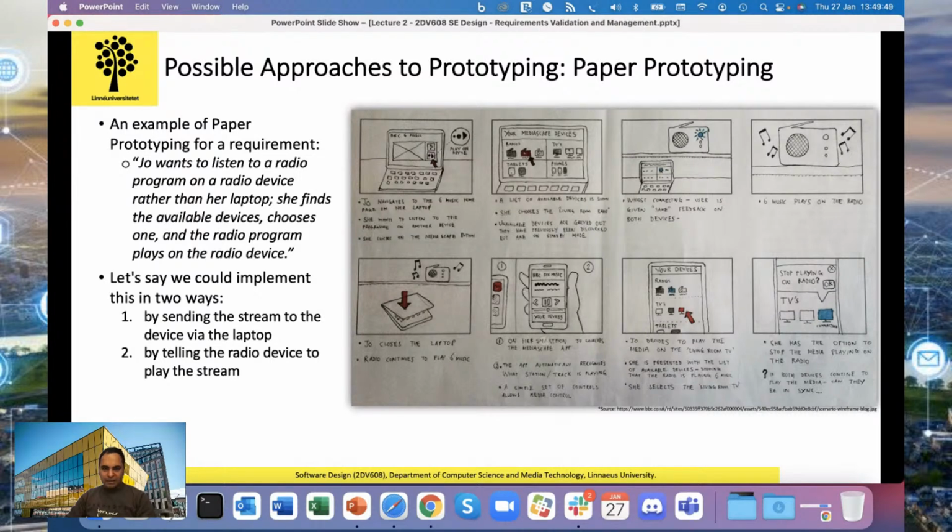So this is another representation of another interface, and then she can choose a radio device in which the song she will be playing from her laptop will be synced or streamed. Basically, they are playing the same music.